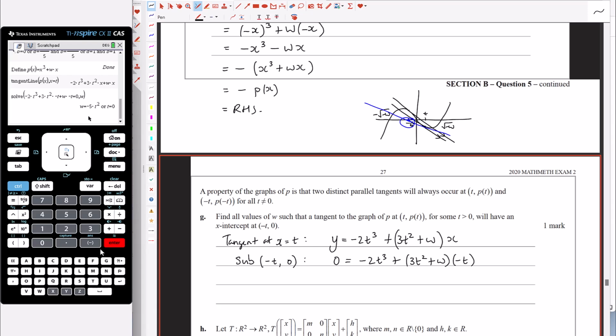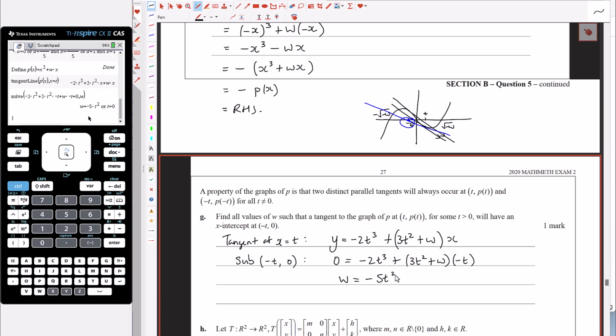Okay, so we get that w equals negative t squared, or t equals 0, but we know that t has to be greater than 0. That's given to us in the question, so we can ignore that one. So w equals negative 5t squared. Find all values of w such that a tangent to the graph of P at t will have an x-intercept. Okay, so we'll have an x-intercept if w equals negative 5t squared.